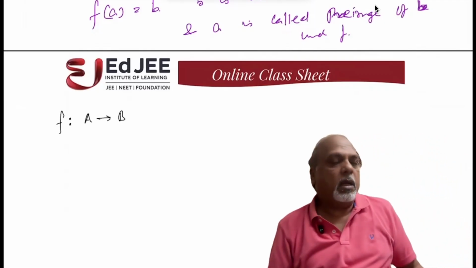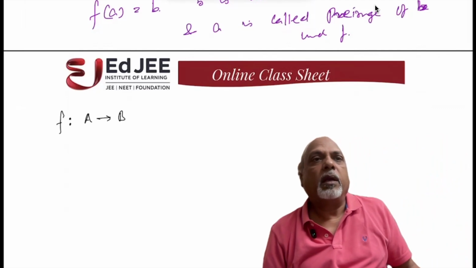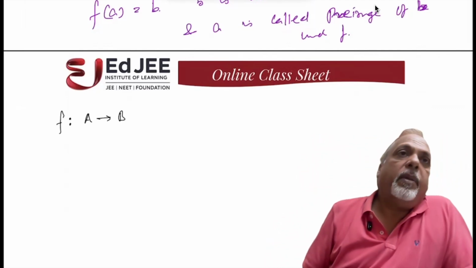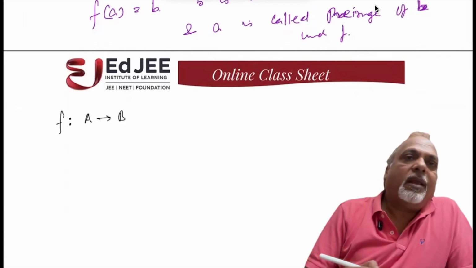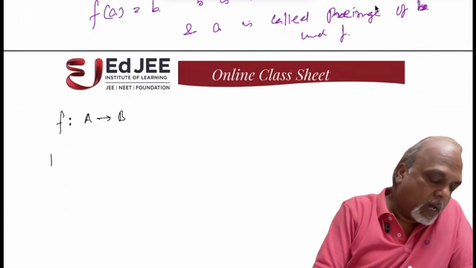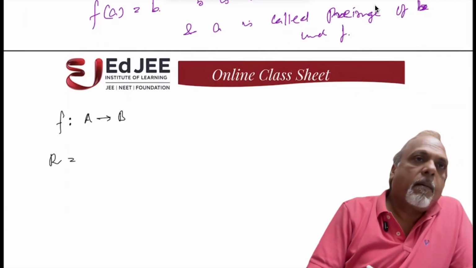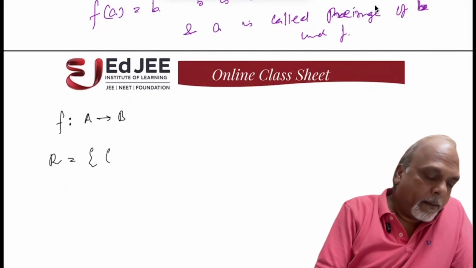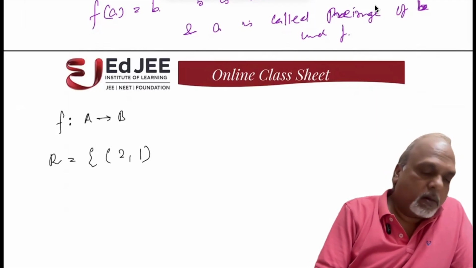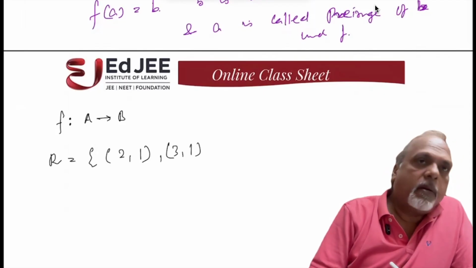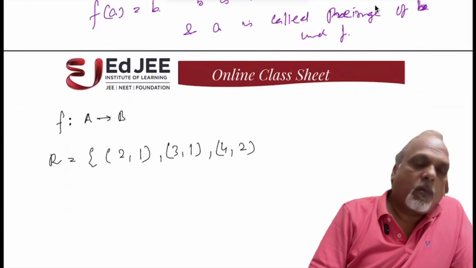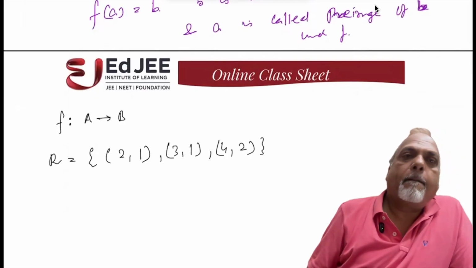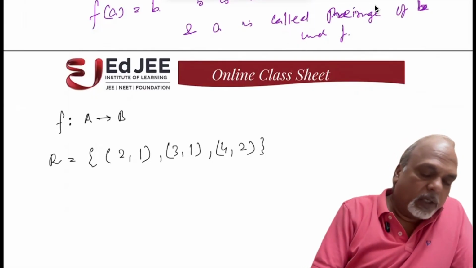Now let us understand the meaning of this. We take a relation R: (2, 1), (3, 1), (4, 2). Just see whether this relation is a function or not.